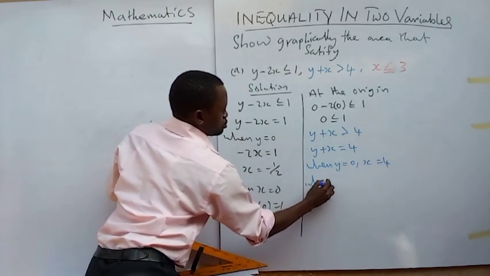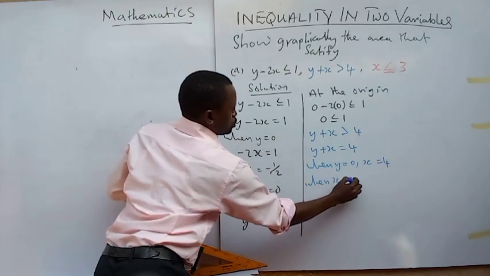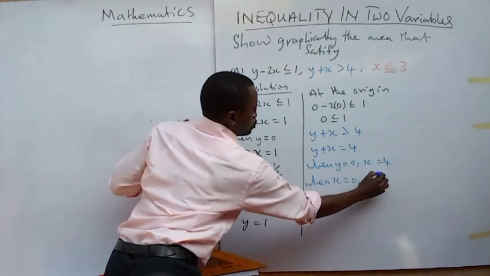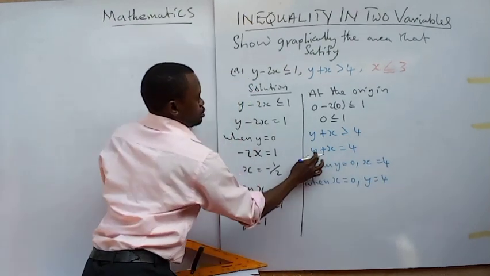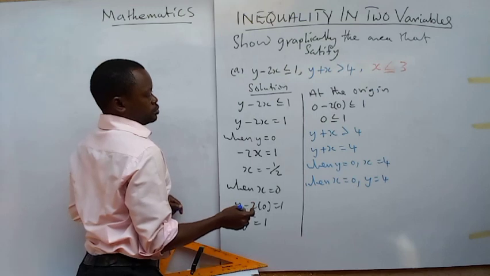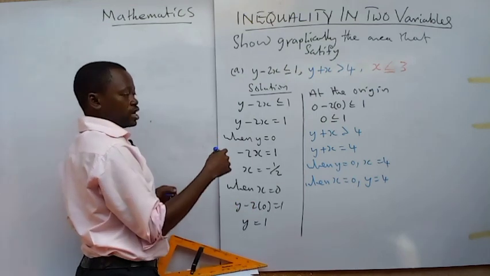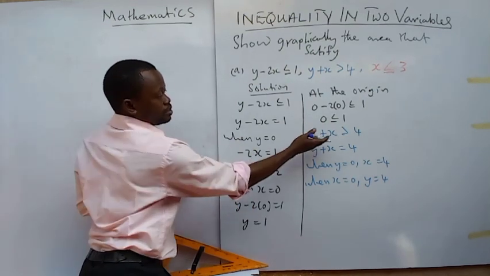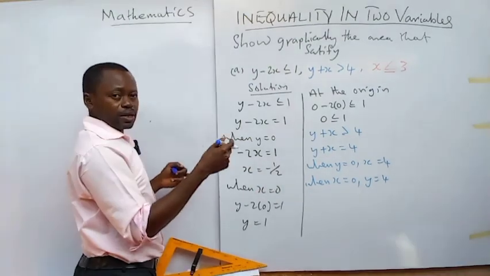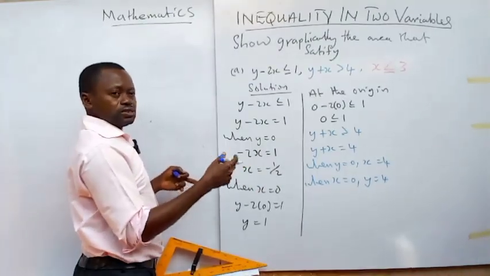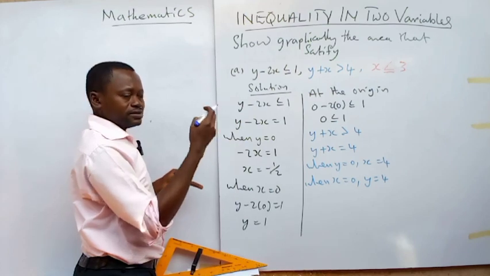And when x is equal to 0, you can also see that y will also be equal to 4. Then I will also check what is going on at the origin, the area that will satisfy the inequality, whether the origin will be part of it. The origin is where x and y are 0.